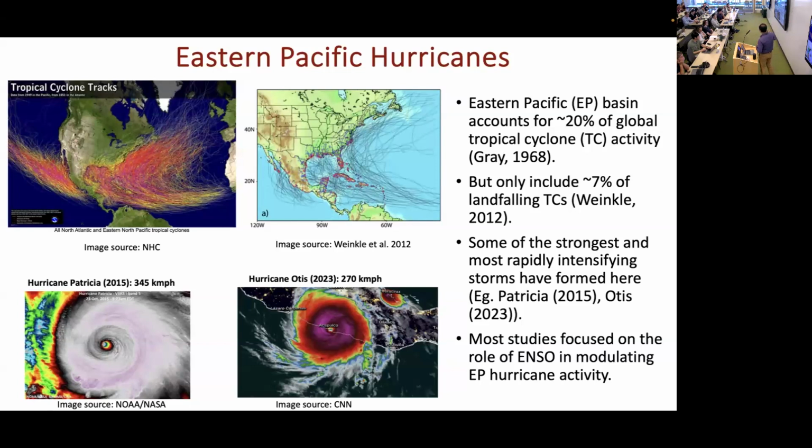And the one on the right was from last year, Hurricane Otis, which set a new record for rapid intensification. It went from being a tropical storm to a Category 5 hurricane in one day and decimated Acapulco, Mexico. So once in a while, there are some very important storms that form here. Also, if you look at the literature, most of the studies that looked at these storms were interested in how El Nino affects their activity.